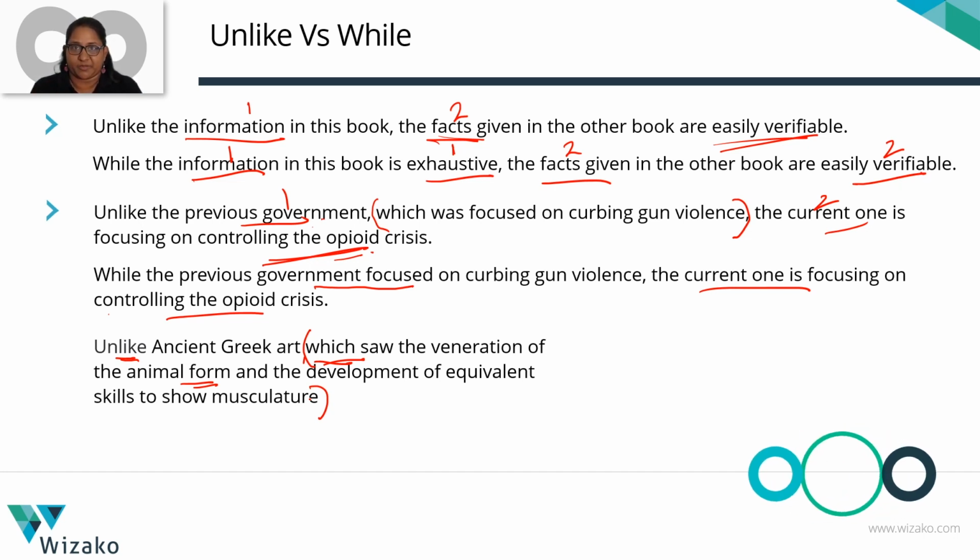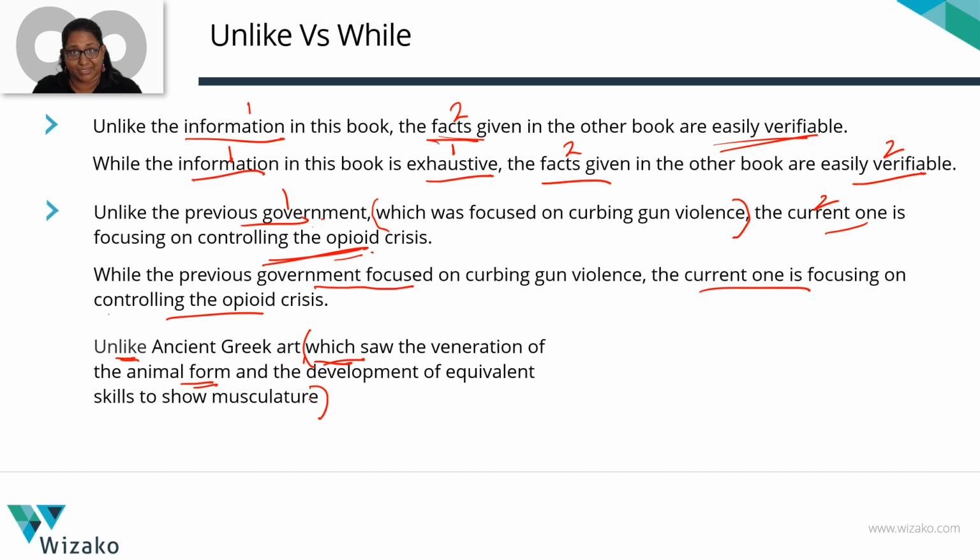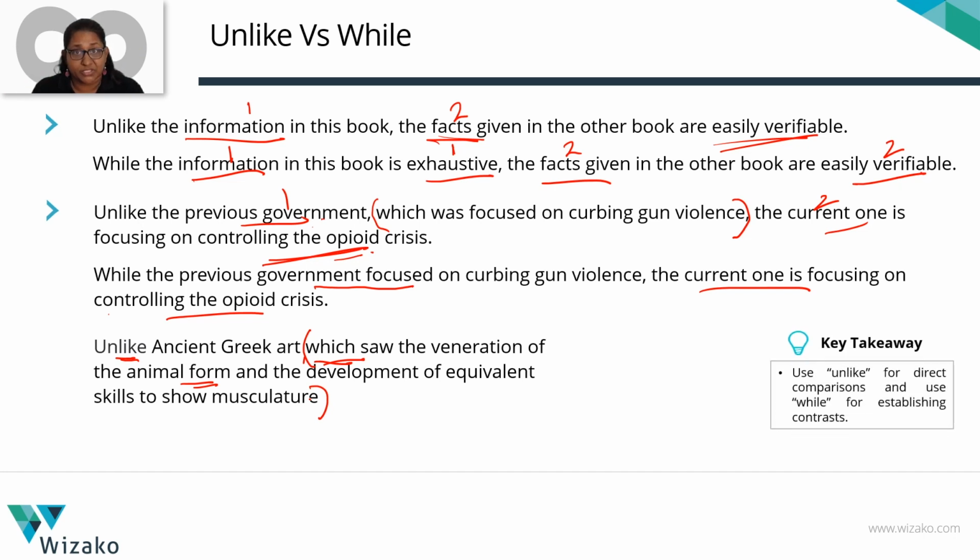When you don't have that punctuation, when you don't give it as an unimportant information, when you give it as base information, your intent of the sentence is to say that Greek art venerated animals while the Roman art depicted gods. Then the sentence becomes that you're talking about 2 different parameters. And that's why we had to take the decision to go with the while usage and not with the unlike usage. So please understand the differences here.